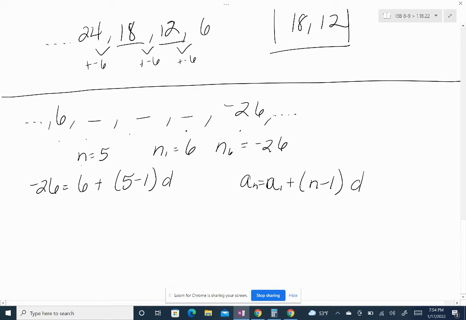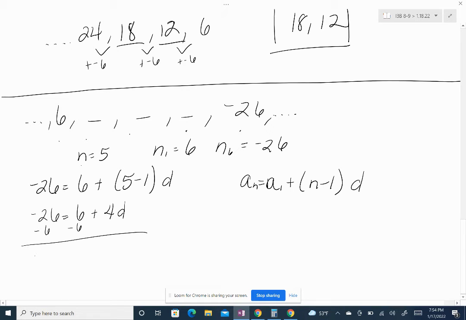Okay. So let's go ahead and distribute our d. Oh, I'm sorry, we can simplify that first. So we have negative 26 equals 6 plus 4d. We want to get d all by itself, so subtract 6 from both sides.